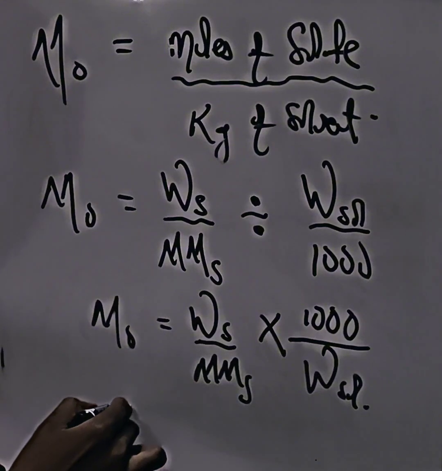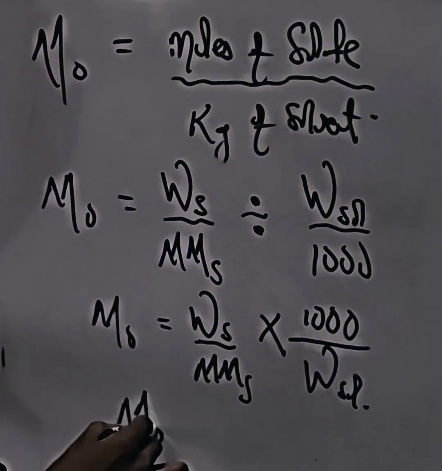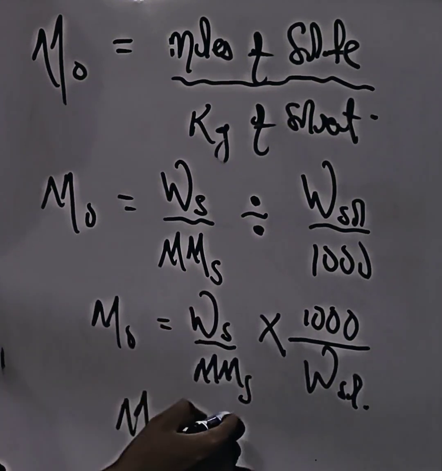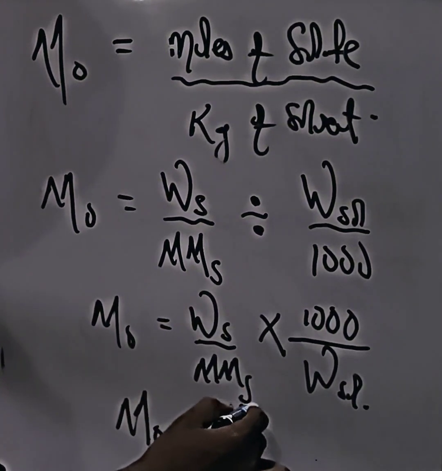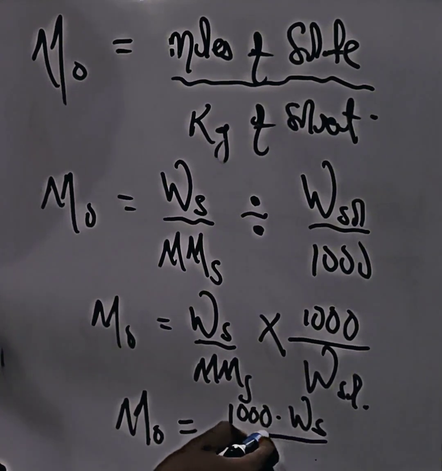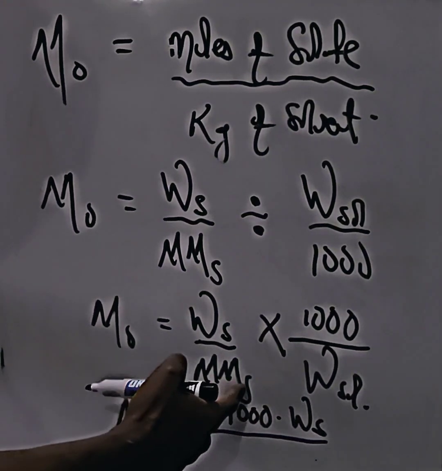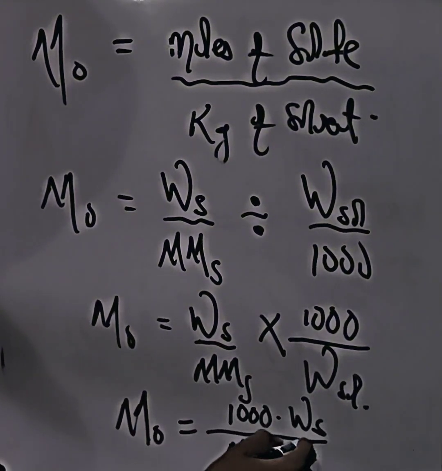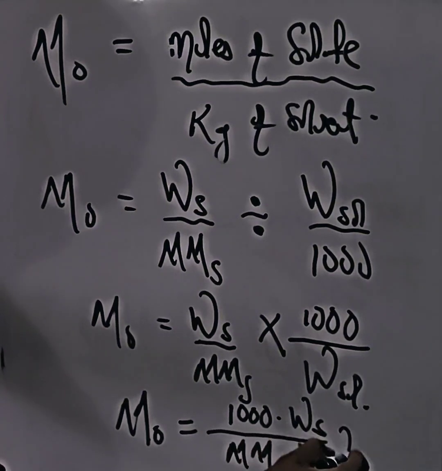So molality will be 1000 multiplied by weight of solute, divided by molecular mass of solute multiplied by weight of solvent.